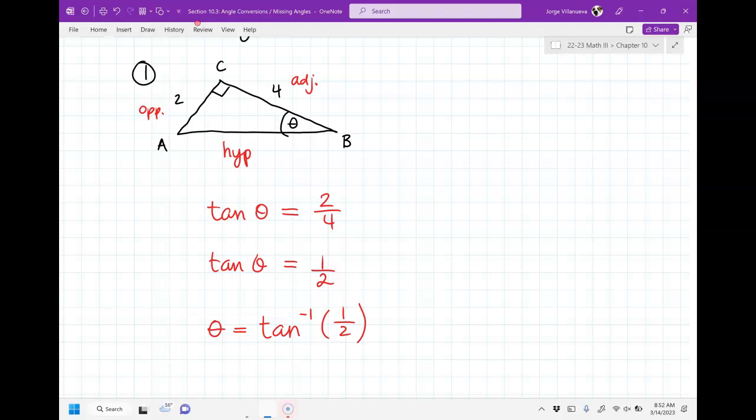And now you're going to grab your calculator and you're going to do tangent inverse, so shift tangent, and then put half. I'm just going to put 0.5 because it's the same thing. And I get 26.5. So the approximation is 26.565, etc.